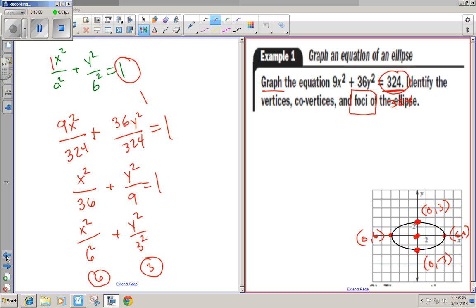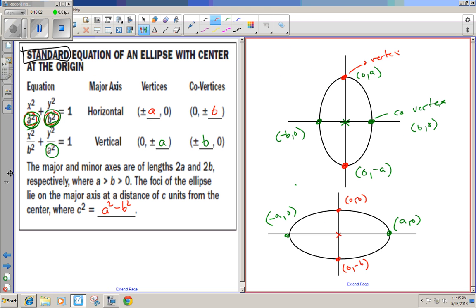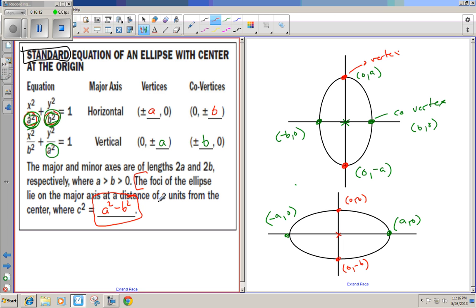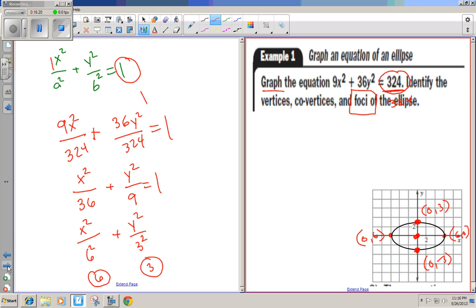And what you're going to want to do is go back to here where it says the foci of the ellipse lie on the major axis at a distance of c units from the center. c squared equals a squared minus b squared. So, since a is 6, c squared is equal to 6 squared minus 3 squared.